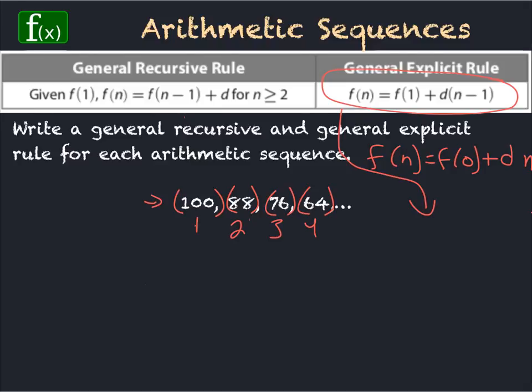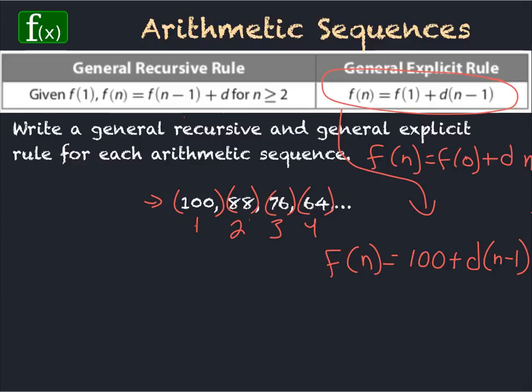So in position 1, my term would be 100. If we're using the general explicit rule given to you by the book, it would be f of n equals f of 1. What's f of 1? 100. Plus d times n minus 1. And that's it. Oh, wait, I'm sorry. That's not it.